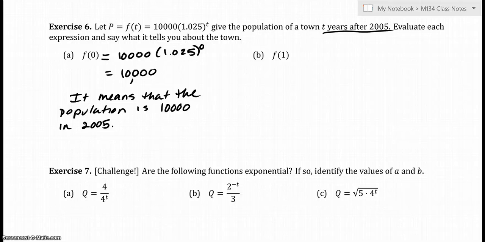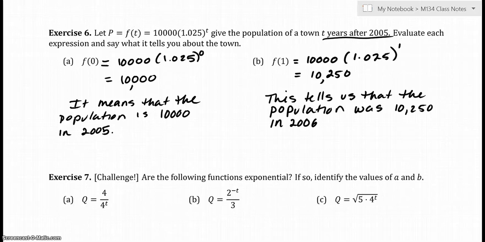So what about f of 1? Plugging in a 1, you get 10,250. And what does that mean? It tells us that the population in 2006 was 10,250, 1 year later.